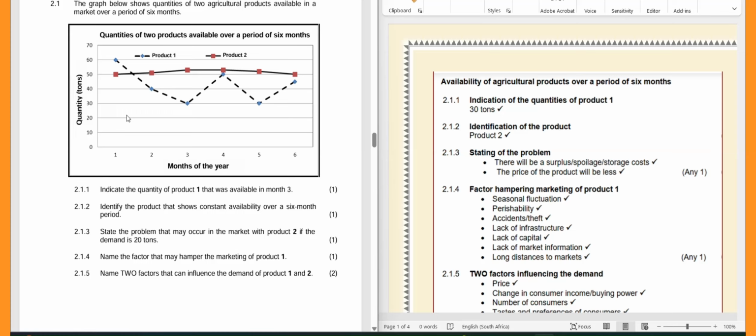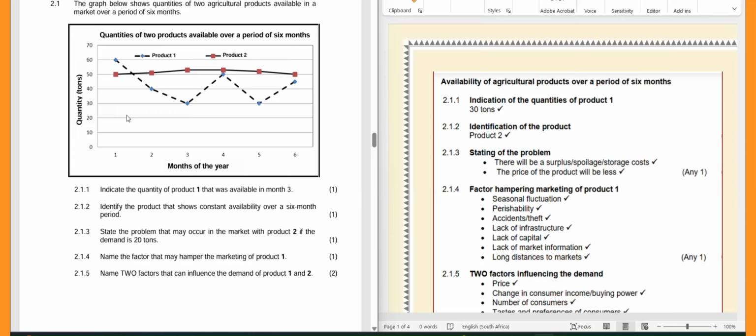because it resulted in excess products, right? It resulted in some product that was left, meaning we didn't sell all of the product. Okay, so 30 tons is a surplus. So there will be a surplus, which means it will result in spoilage, or it can result in storage costs, right?